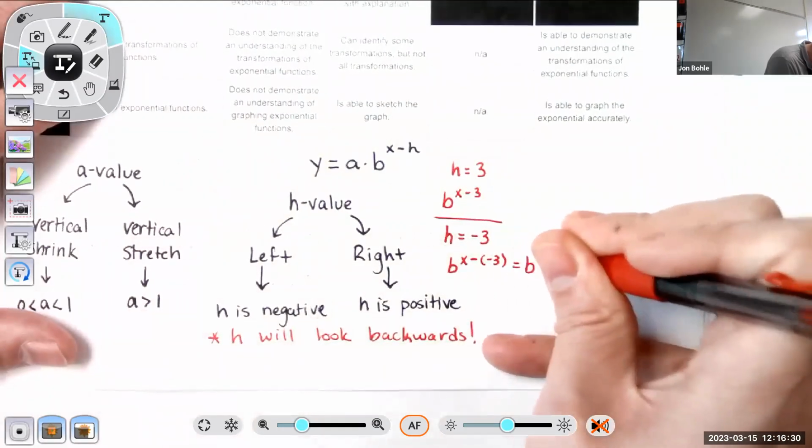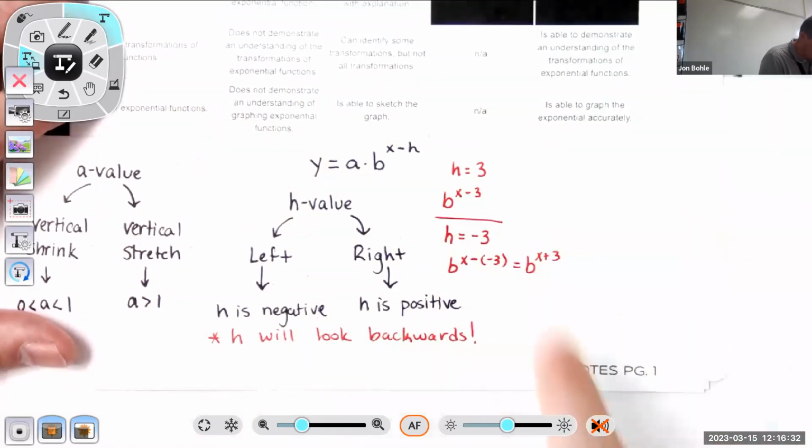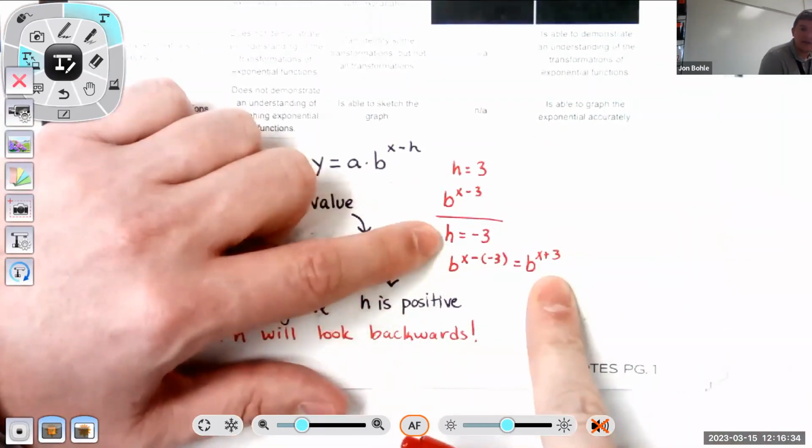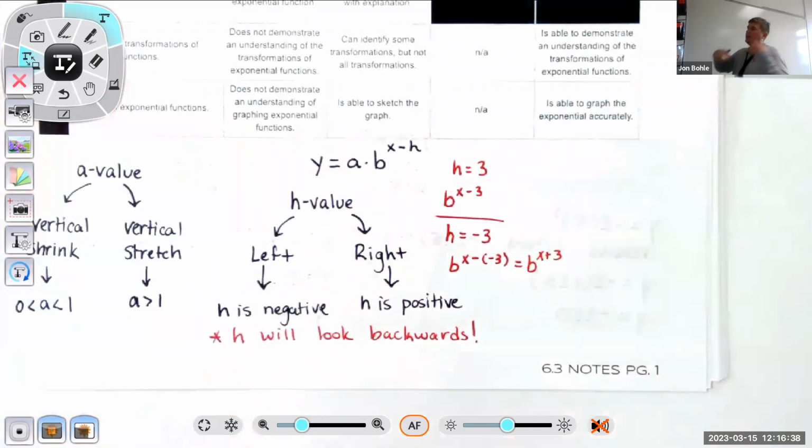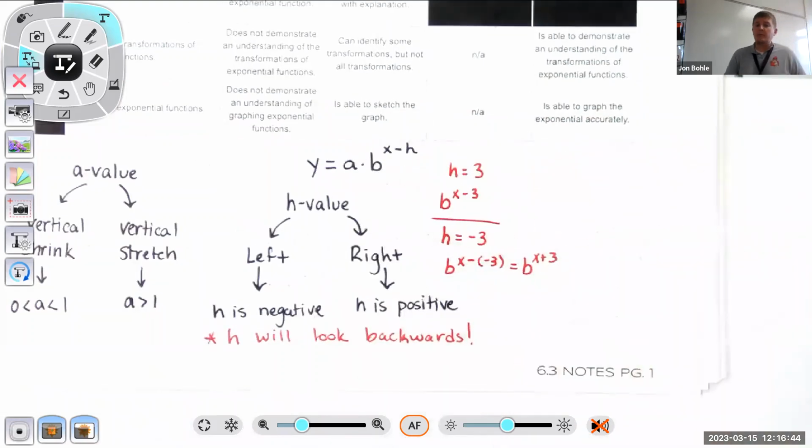So this would be b to the x plus 3. So here it looks positive, but it's actually negative. And here it looks negative and it's actually positive. H is backwards. There's a reason why it's like that, but it still throws a lot of people off. So you might just need to memorize that. It's a little backwards. Okay.